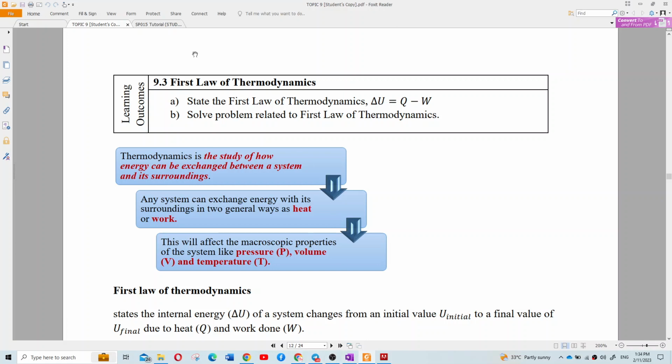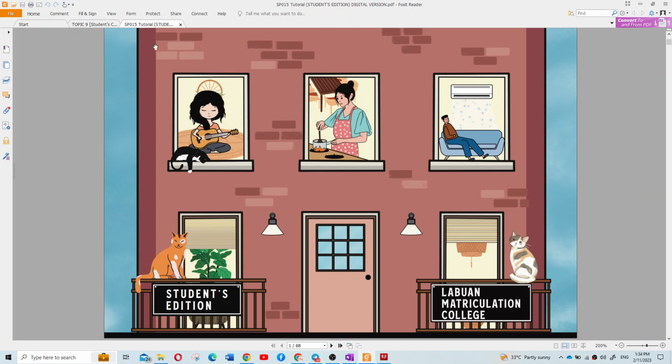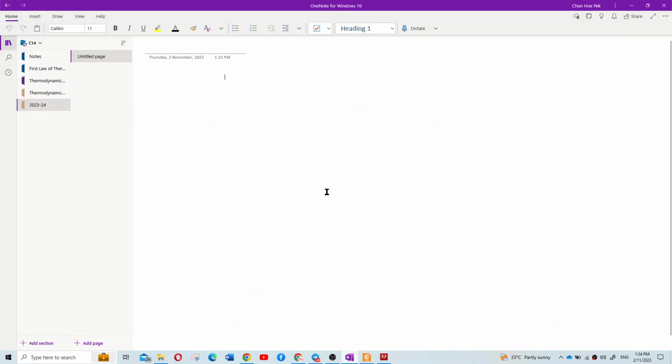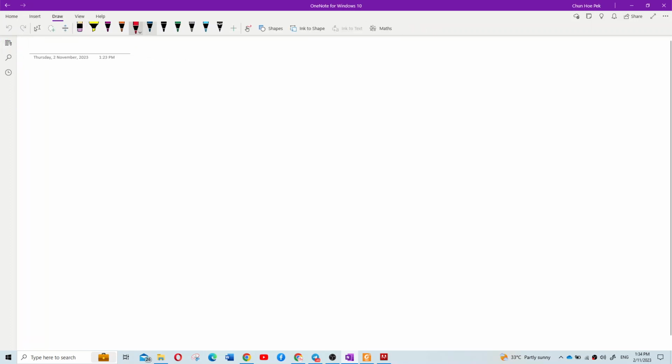This is the air condition. So the first law of thermodynamics means that this system can exchange energy with its surroundings, such as heat and work done. For example, how does an aircon function?